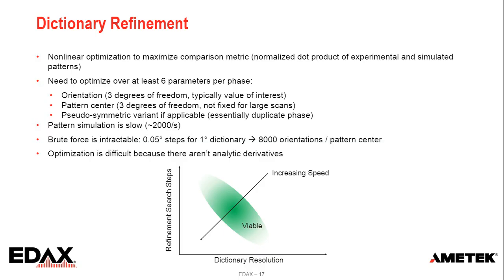But that means that your refinement step has a larger search space. And so you're basically stuck on this constant speed band, and there's no way to avoid paying a penalty on either the initial indexing or on the subsequent refinement step.